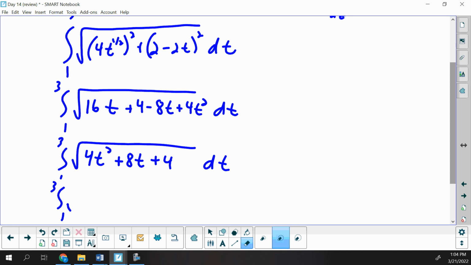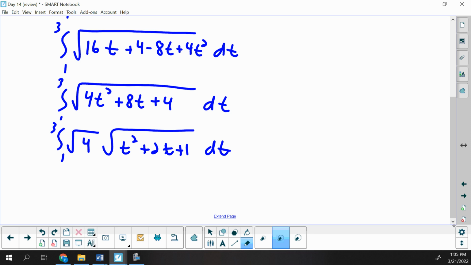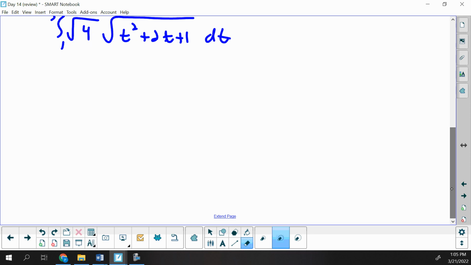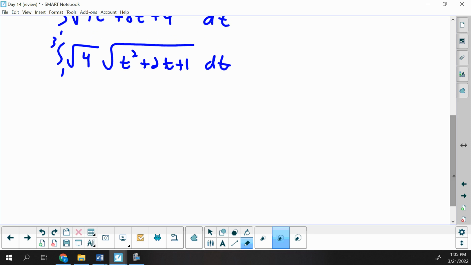Well, we can pull out a square root of 4, making this t squared plus 2t plus 1. The square root of 4 just gives us 2. And t squared plus 2t plus 1 is really t plus 1 all squared.